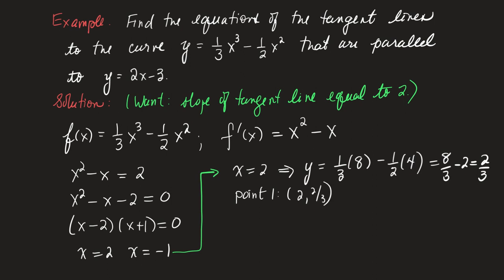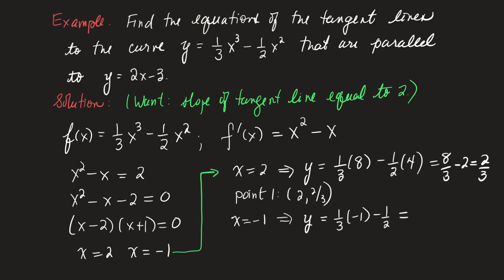Point 1 is (2, 2/3). Now for the second point, I have x is minus 1. And when x is minus 1, again I'm going back to this function. y is equal to 1/3 times minus 1 cubed, which is minus 1, minus 1/2 times minus 1 squared, which is 1.